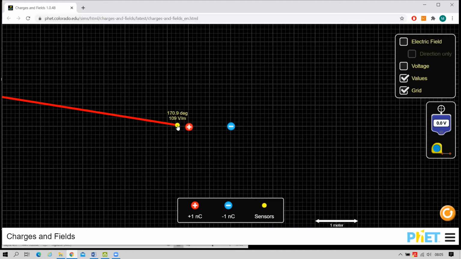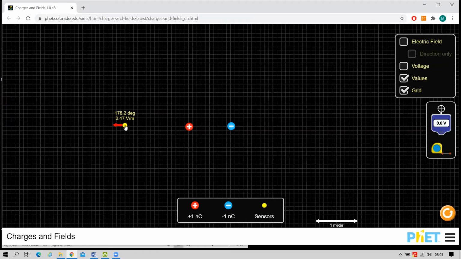But as you move away from the system, the strength of the field is decreasing very rapidly. In fact, it will decrease as 1 over r cubed. And this is how the electric field changes. You will describe it.